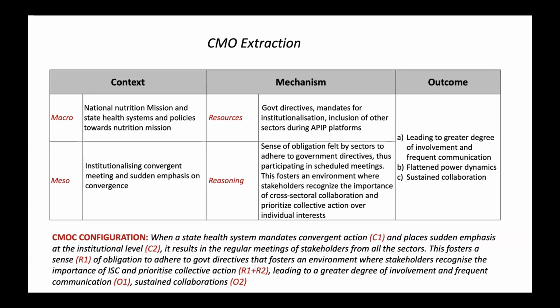The state health policy system also aligned to national health policies, and at the meso context level, institutionalized convergent meetings and a sudden emphasis on convergence led to government directives and inclusion of other sectors in platforms. This whole process led to a sense of obligation felt by the sectors to adhere to government directives, thus participating in scheduled meetings, and this fosters an environment where stakeholders recognize the importance of cross-sectoral collaboration and individual interests. That led to a greater degree of involvement and intersectoral collaboration, and that somehow flattened the power dynamics and sustained collaboration.